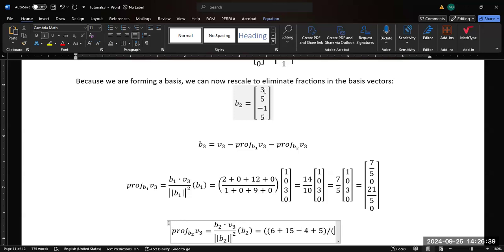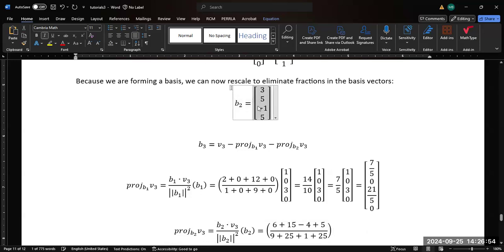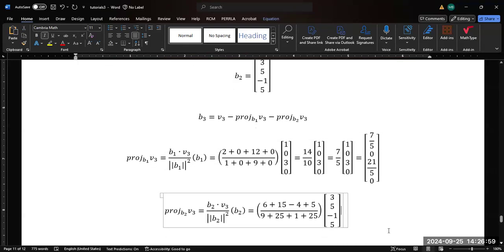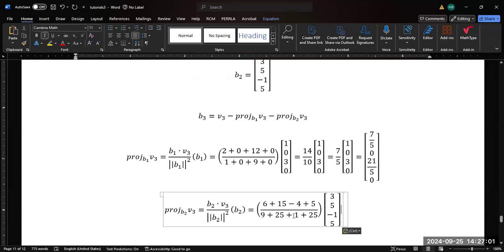And then for our B2 vector, we have to put a bunch of stuff in the denominator, so we have to square everything. So 9 plus 25 plus 1 plus 25. Now again, one of the reasons we rescaled this vector was because if you don't, your denominator is going to have a bunch of fractions in it.